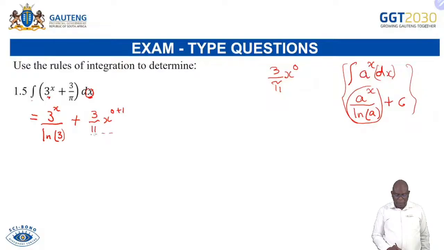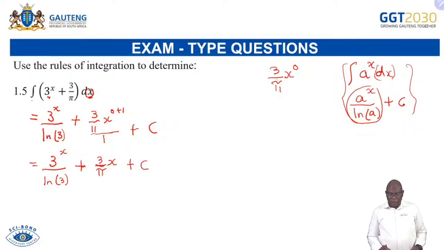Remember, the whole thing there must be divided by 0 plus 1, which is 1. Then I must not forget to put a c here. So my answer will be 3 to the power of x over ln of 3 plus 3 over pi x to the power of 1, then plus c.